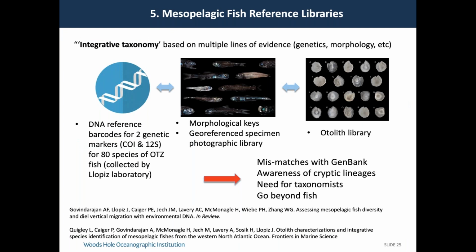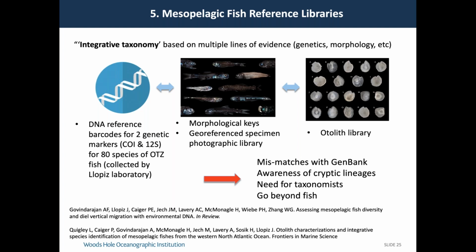Another piece of the framework that we've been working on is the reference barcode libraries, and we've been focusing in particular on fish. It's very important that we have references that are accurately identified. And so we use what we call an integrative taxonomic approach based on multiple lines of evidence from genetics and morphology combined.